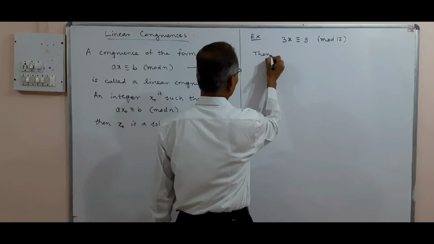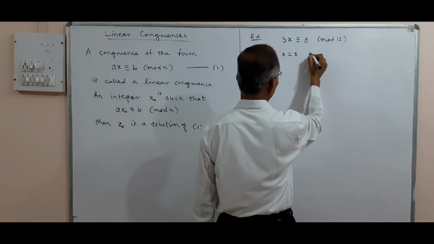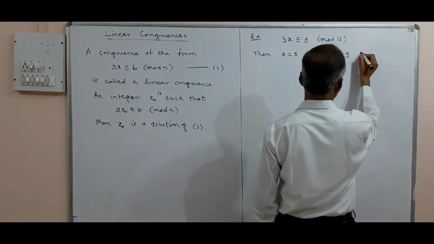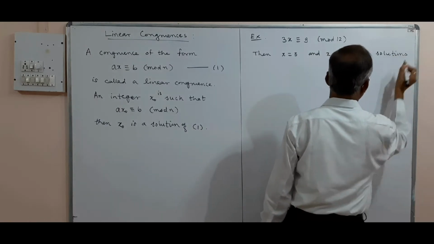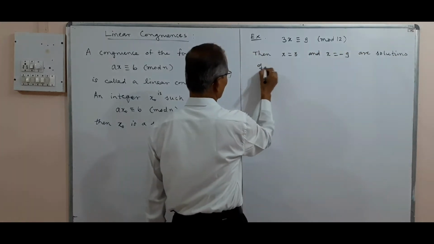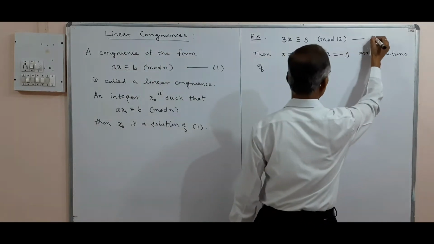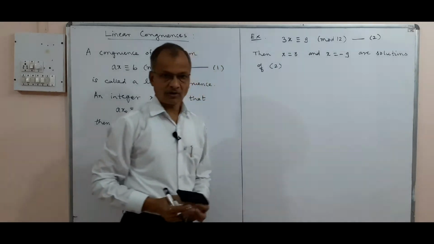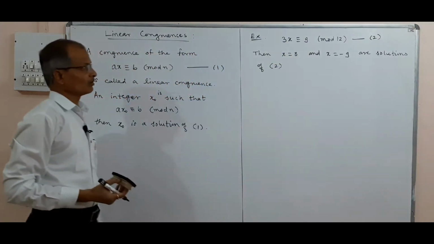We see x is equal to 3, and another we can consider x is equal to minus 9, are solutions of this congruence, which we may call 2. Why? Because these two values satisfy the congruence.